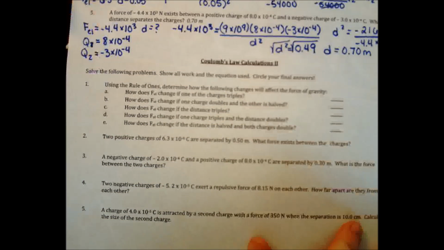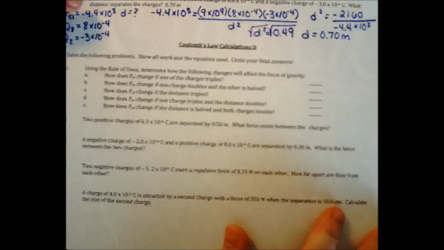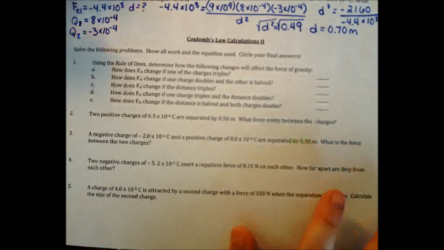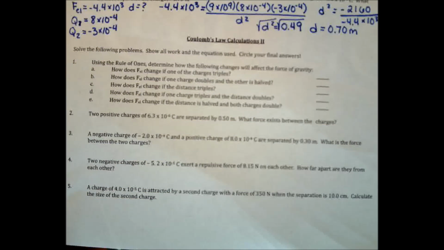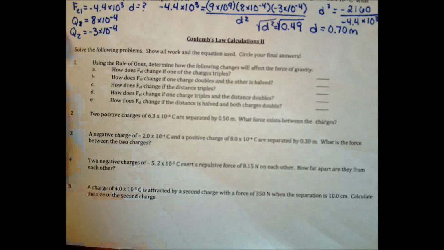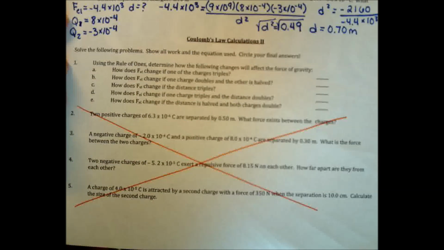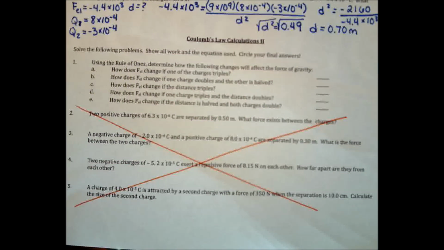So I have decided that for your sanity and mine, I'm not going to try to work all of these down here that I don't know for sure that I have the right answers to, since I am using my really pathetic calculator. So again, I am not going to work these, but I am going to work the law of ones problems, because you can never get enough practice on law of ones problems. And those I don't need a calculator to do, so it shouldn't be a problem.